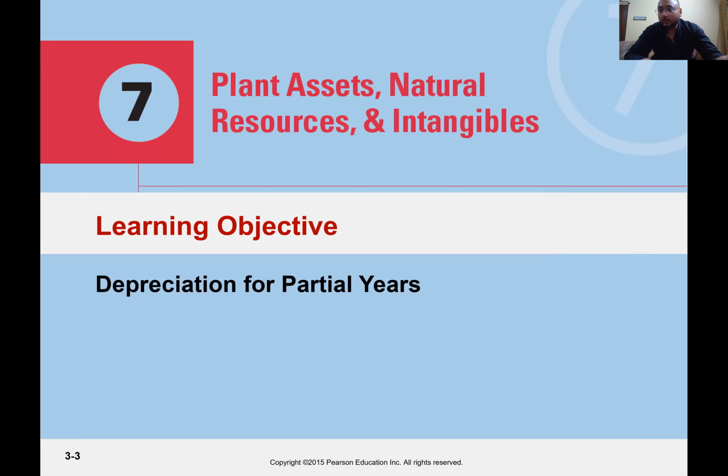Second, the unit of production method, and then the double declining method or the accelerated depreciation method. And then we talked about their relationship, and the tax implications for accelerated depreciation.